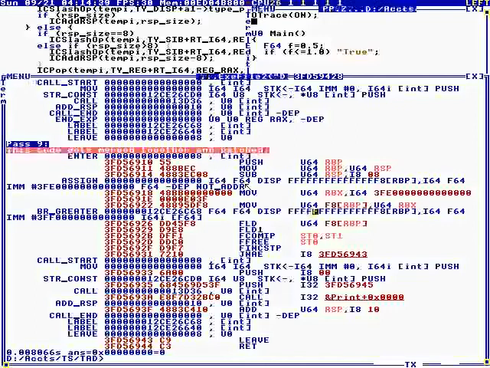There's a comparison operator. Okay, so what are the two arguments in this case? Oh, in this case it's comparing to 1. 3FF is the binary representation of 1.0. So we're comparing 1.0 to a value off the base pointer. This is a variable.